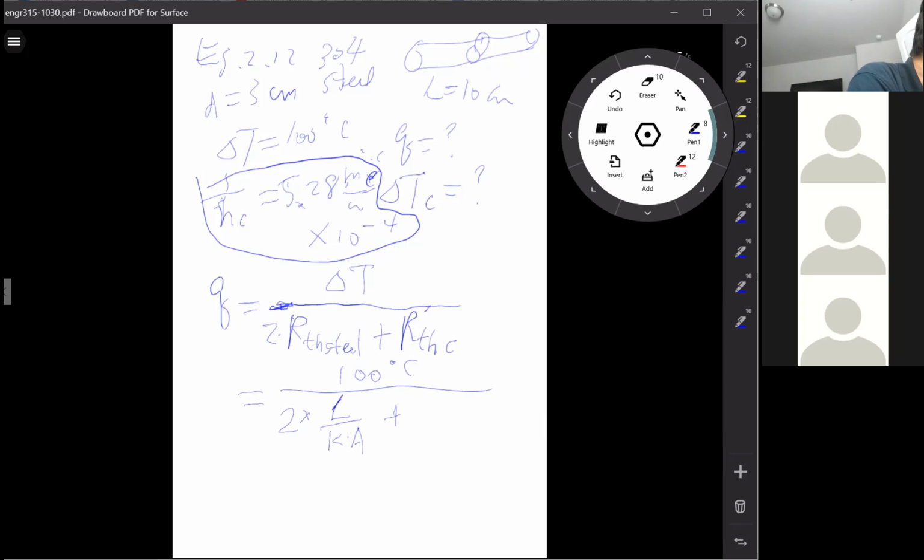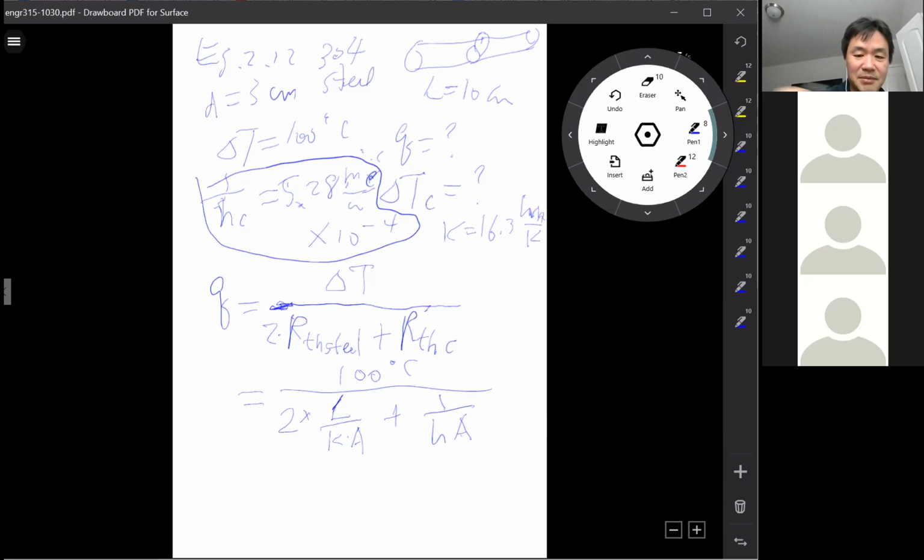It said 16.3, I think. Anyway, that's the thermal conductivity of this material, 16.3 W/m·K. So you have kA, 2 times. So what is the thermal resistance, L over kA?